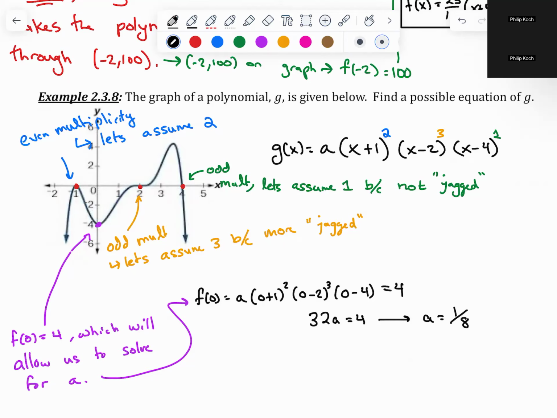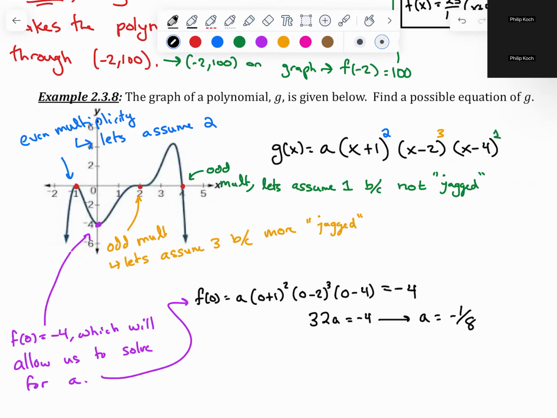Wait, -4. f of 0 equals -4, everybody. I'm sorry about that. So please make it equal to -4. That should make it 32A equals -4, and A is equal to -1/8. As Hector mentioned, it should be a negative number for our constant out in front, the coefficient.